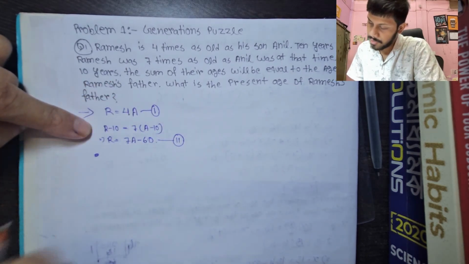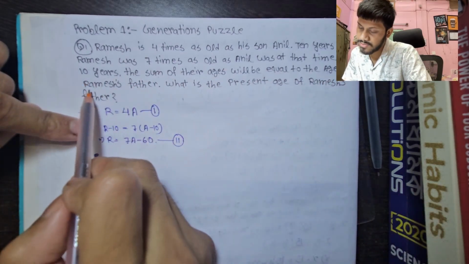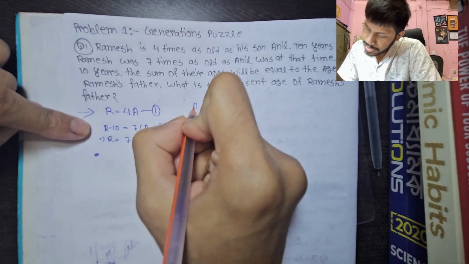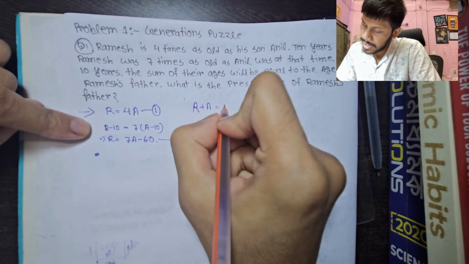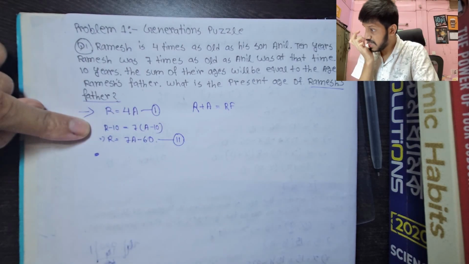We can get the value of R, I guess, but they have given that the sum of their ages will be equal to the age of Ramesh's father. So the sum of their ages, R plus A, equals Ramesh's father's age, and we are asked to find Ramesh's father's age only.